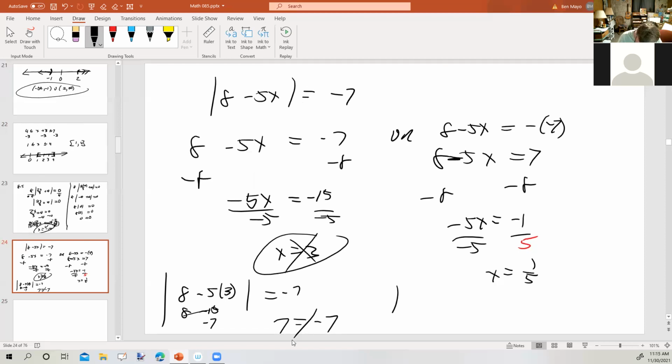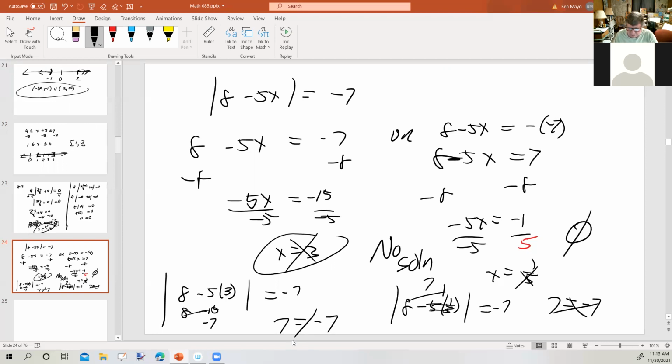X is 1/5. 8 minus 5 times 1/5: 5 times 1/5 is 1. 8 minus 1 is 7. The absolute value of 7 is 7. 7 doesn't equal -7, so there's no solution, which you can also write like that. If you get an absolute value equal to a negative number, when you solve it, you get answers that don't work. So there's no solution.